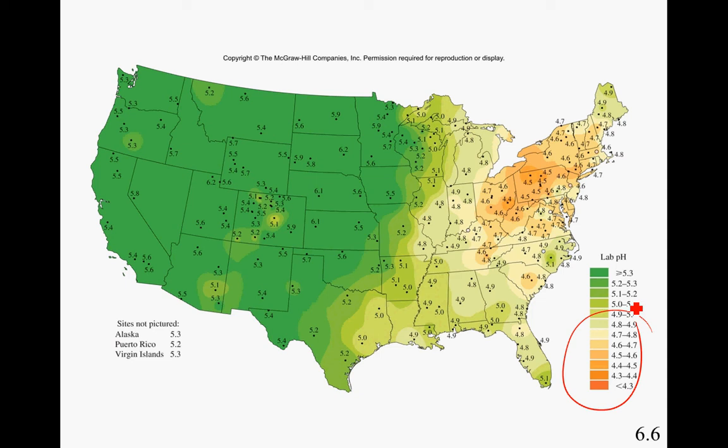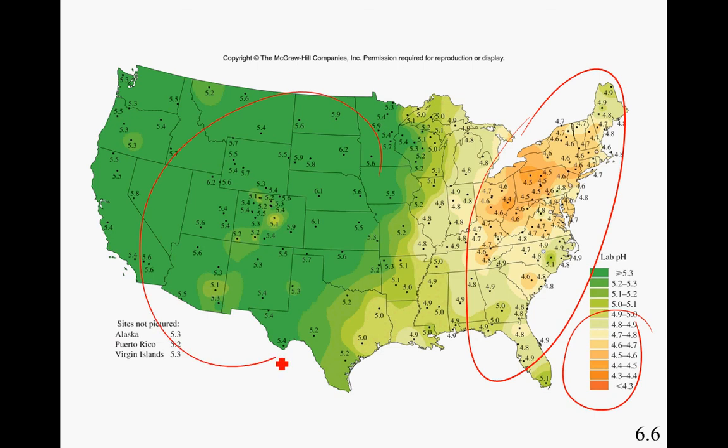You'll notice from this map that the rainwater in the east is more acidic than what is considered to be normal. This is a result of the abundance of carbon dioxide and other industrial byproducts in the air in the densely populated areas. In the west of the country, the rain is more in the normal range.